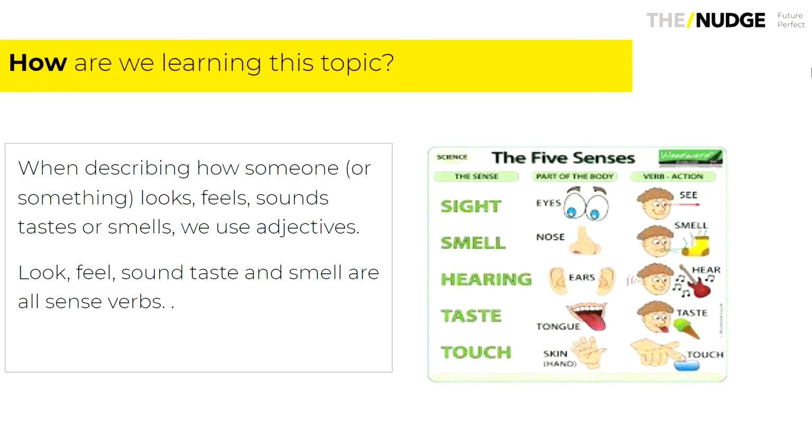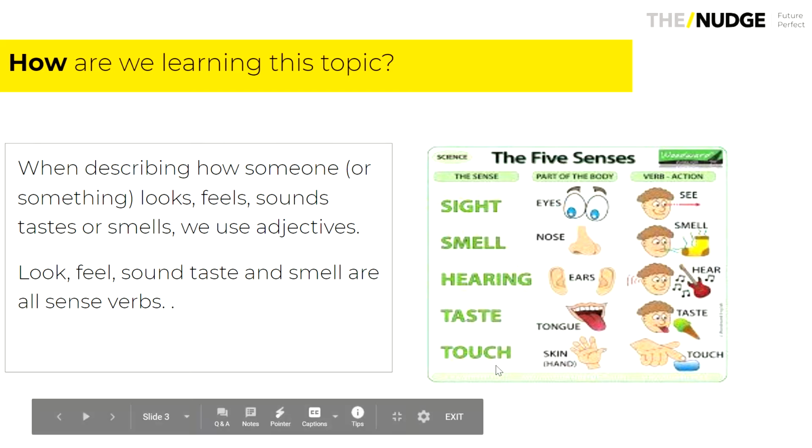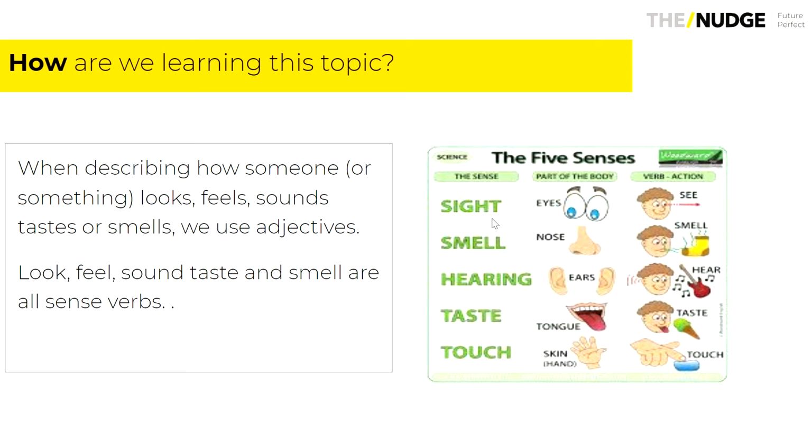Now, here is a chart that has all the senses and all the verbs that we can use with each of these senses. For example, for the sense of sight, which is for the eyes, we can use the verb see.